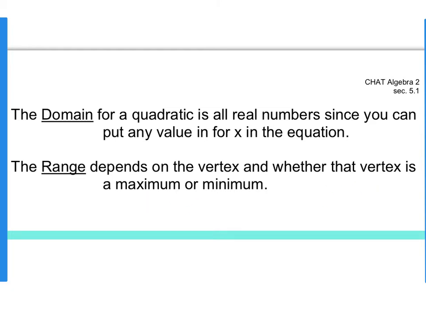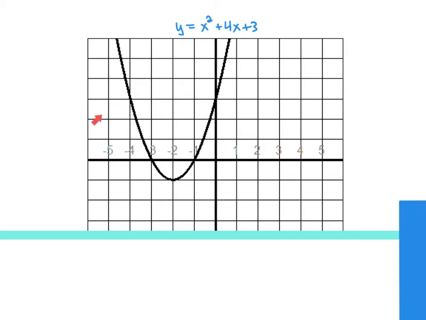So let's take a look at a problem. Here's the graph of a parabola, and it corresponds to this equation. Now remember that the parabola goes on forever. So when you look at this equation, you can put any number you want in for x, and you're going to get a real number for y. That's why the domain would be considered all real numbers. Now for the range, we need to see what y values were used.